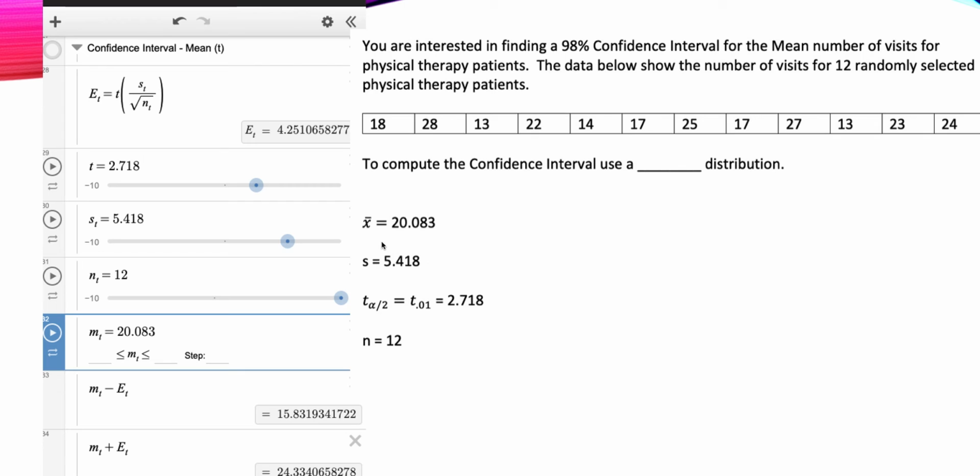With all the ingredients now, the mean of our sample, the standard deviation for our sample, an appropriate t-value, and 12 subjects, we're able to enter those values, and automatically the error value and the left and right bound of the confidence interval for the mean is computed.